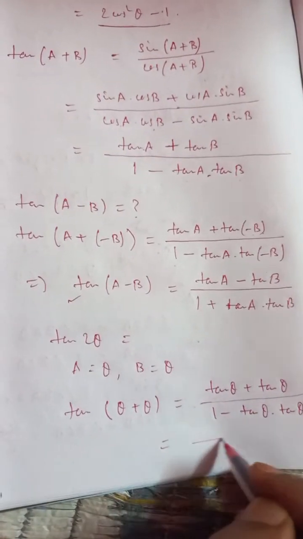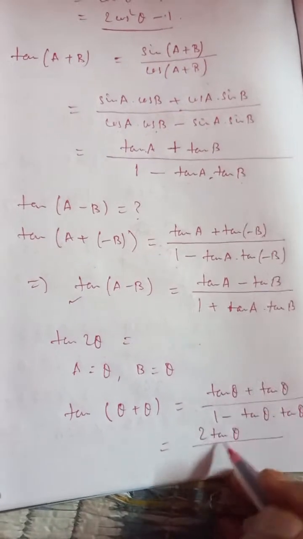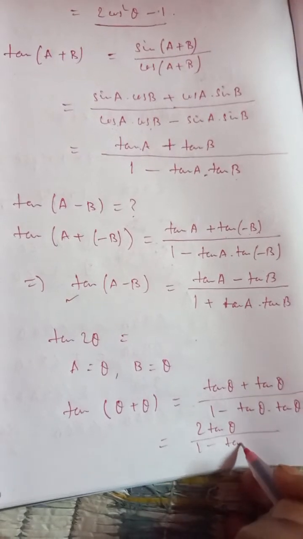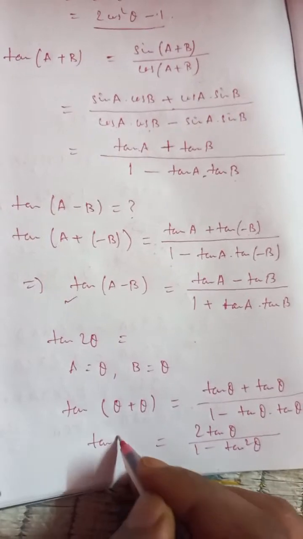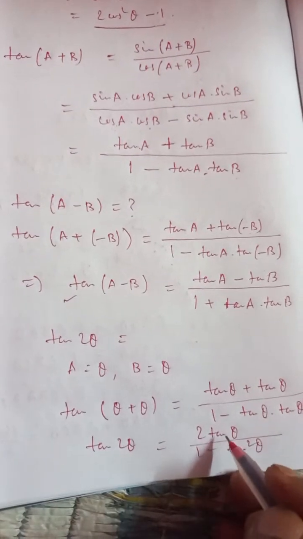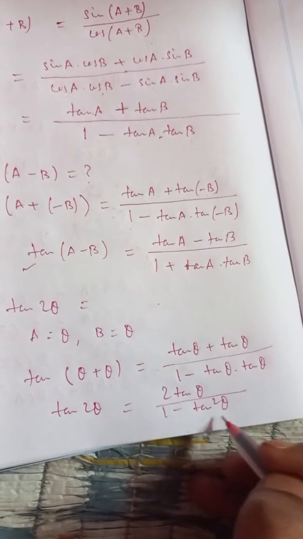So this will be 2 tan theta by 1 minus tan square theta. So this is the formula of tan 2 theta.